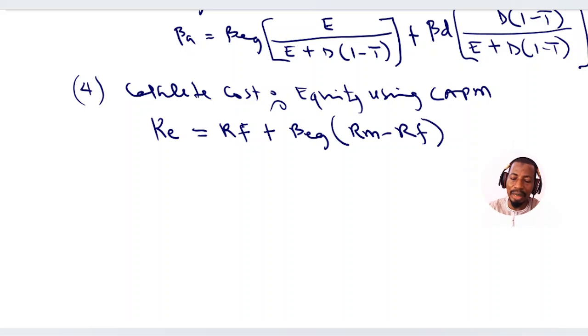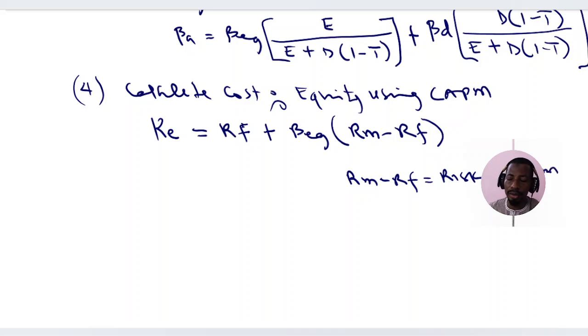At times, the examiner may not give you the market return, but you are given the risk premium. The difference between RM and RF is called risk premium.